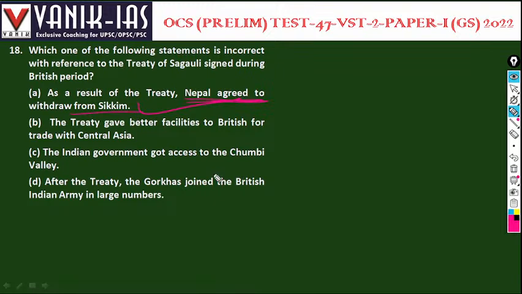The treaty gave better facilities to the British for trade in Central Asia. Yes, the Gorkhas joined the British army in large numbers after the treaty. So C is the answer.